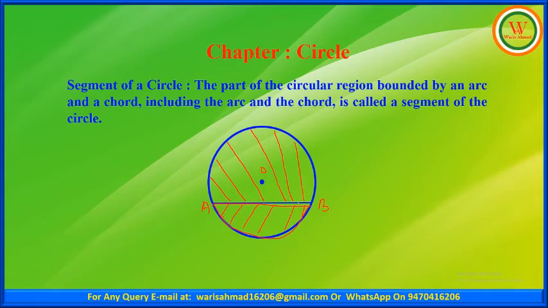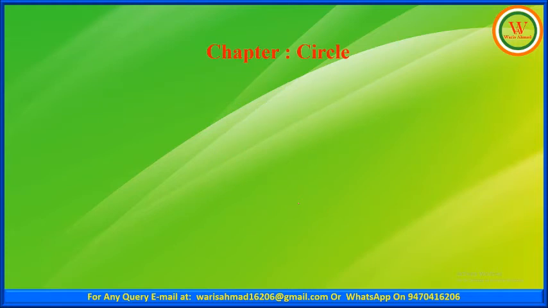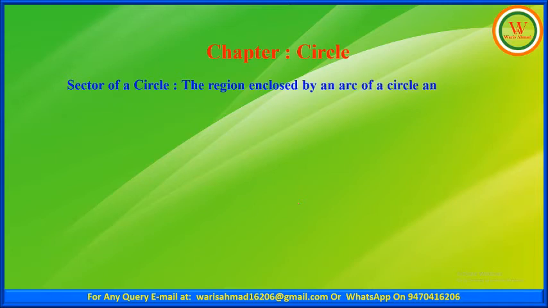Now let us have the next topic, that is sector of a circle. The region enclosed by an arc of a circle and its two bounding radii is called the sector of a circle.